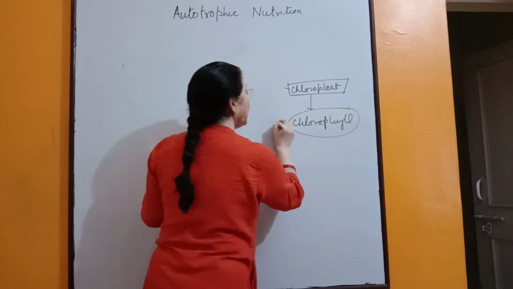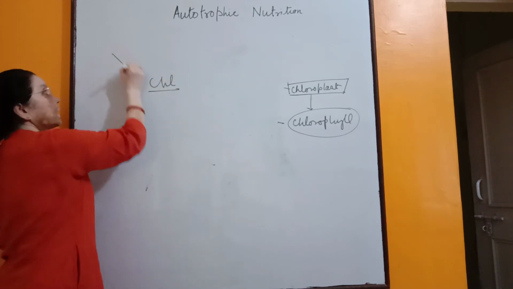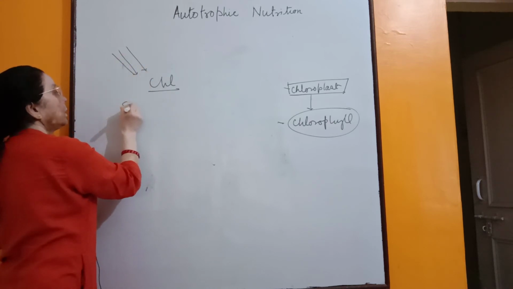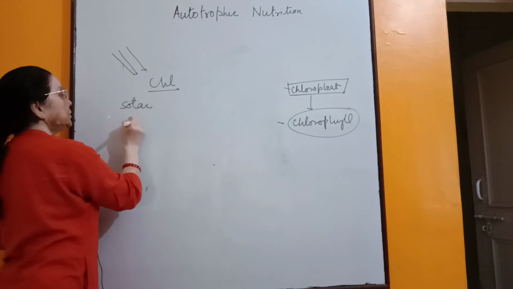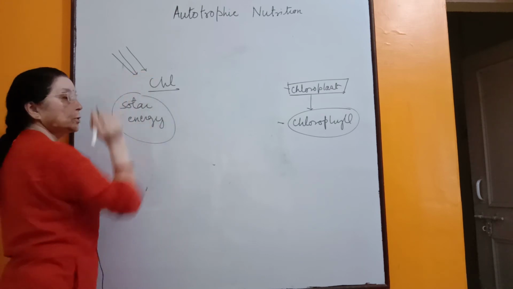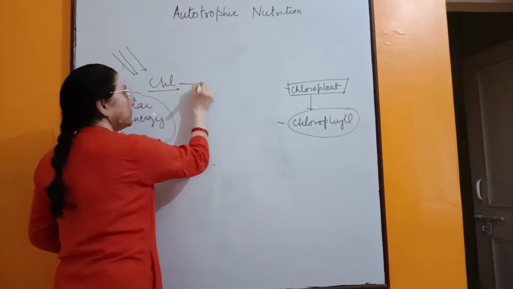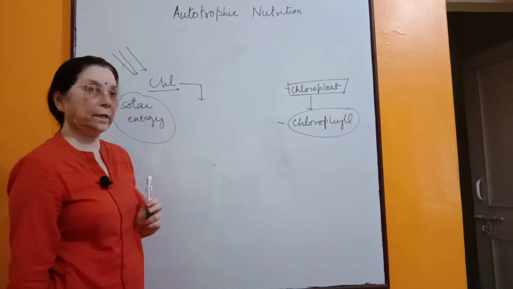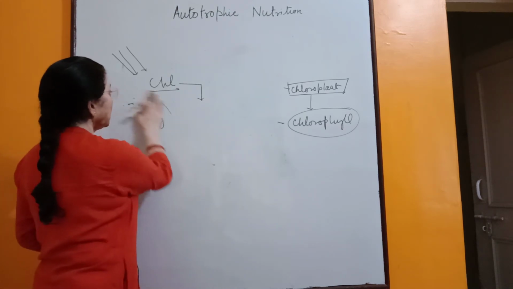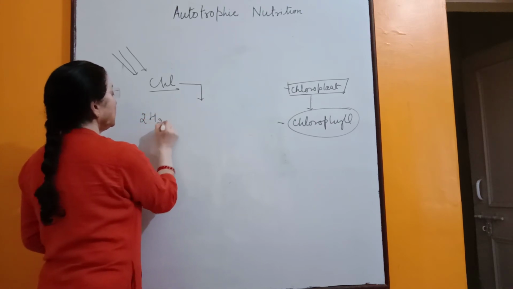This chlorophyll molecule has the capacity to absorb solar energy. It absorbs sunlight as solar energy, and the second molecule required for photosynthesis is the water molecule.